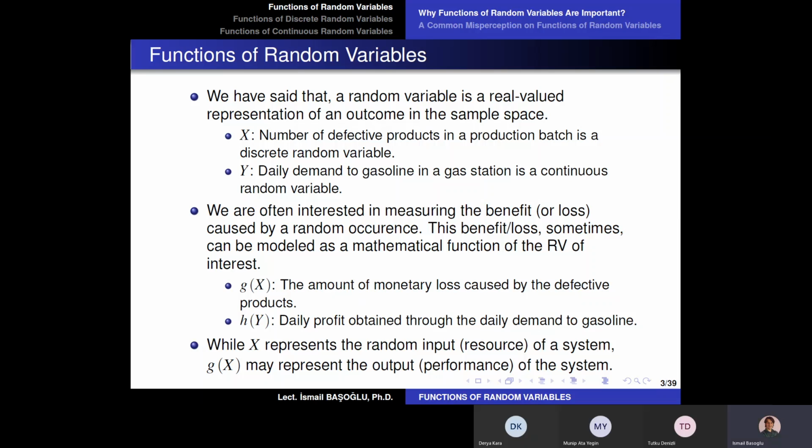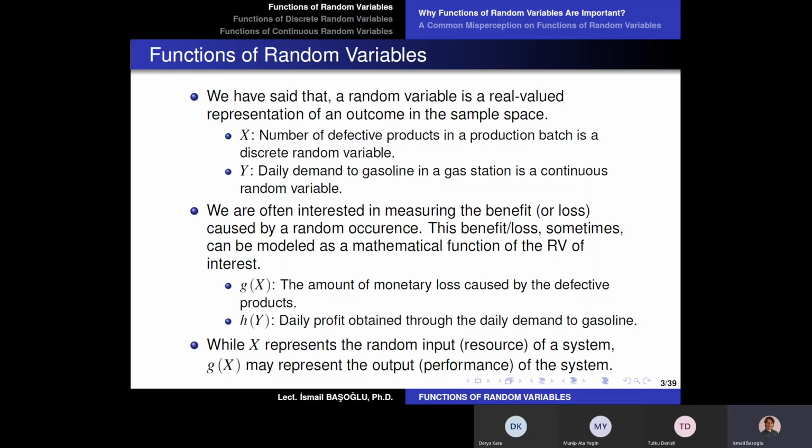So because of that reason, functions of random variables are important, because usually in real life systems, the inputs are random, therefore the outputs are random as well. So can you predict how much money you are going to make in your gas station? No. Why? Because, I mean, can you predict it 100% sure?